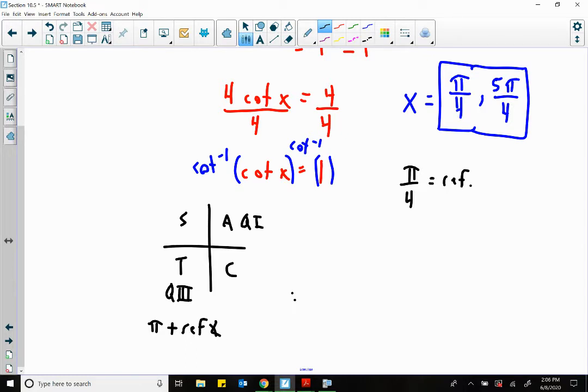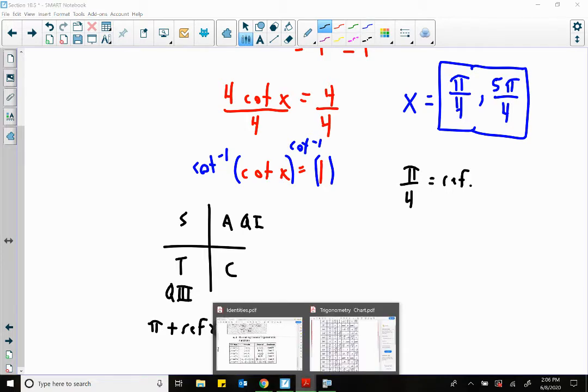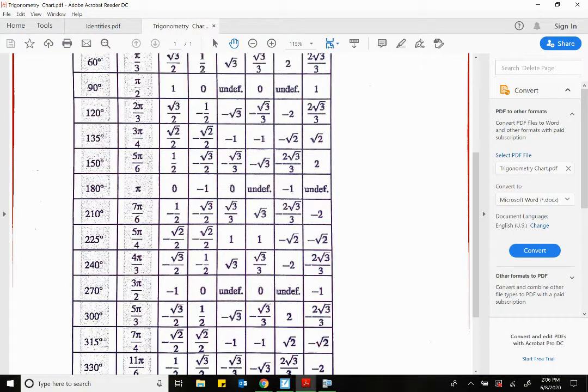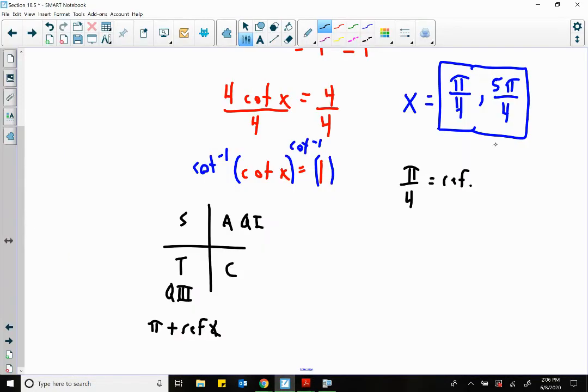So pi plus pi over 4 gives me 5 pi over 4, or in other words, 45 plus 180 gives you 225. So this other angle is based off of using your reference angle, based off of its sign.